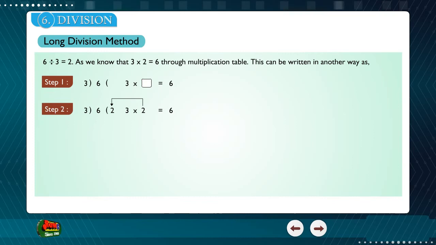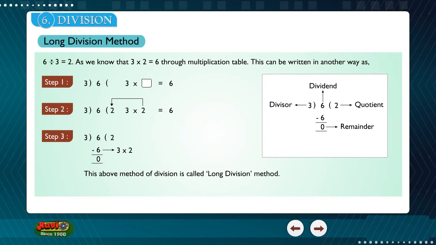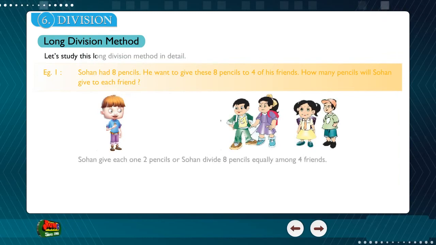Step 2. 3 into 2 is equal to 6. Step 3. 6 minus 6 is equal to 0. This above method of division is called long division method. Let's study this long division method in detail.